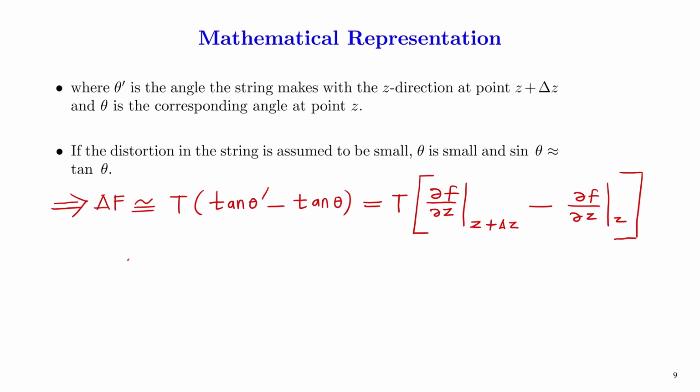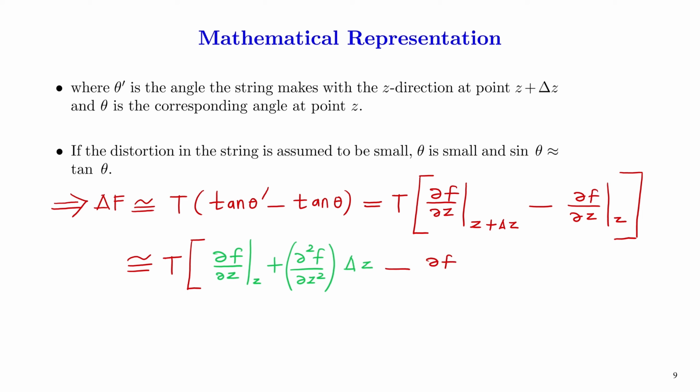So this equation can be written as T multiplied by [∂f/∂z at z plus ∂²f/∂z² multiplied by delta z]. This is from the fundamental principles of calculus, and the last term is ∂f/∂z at z.